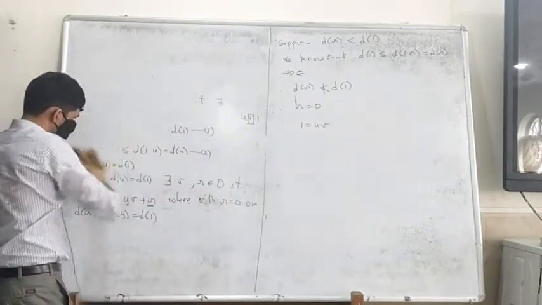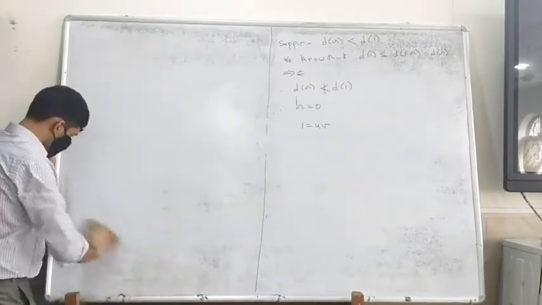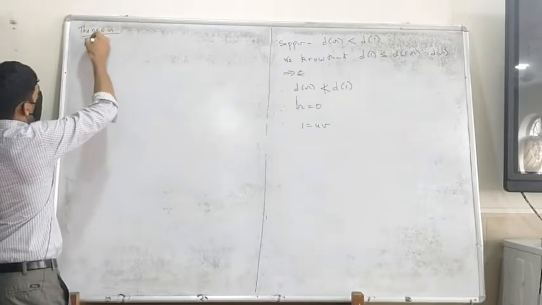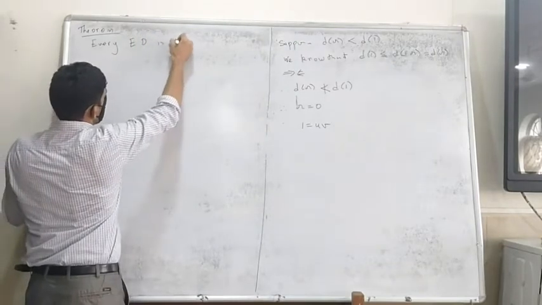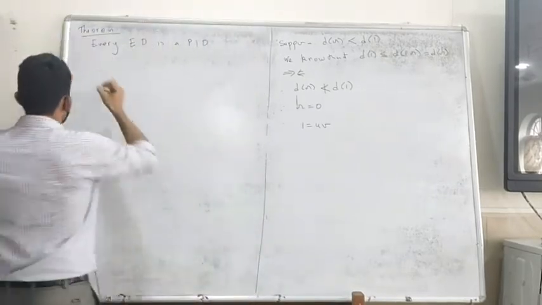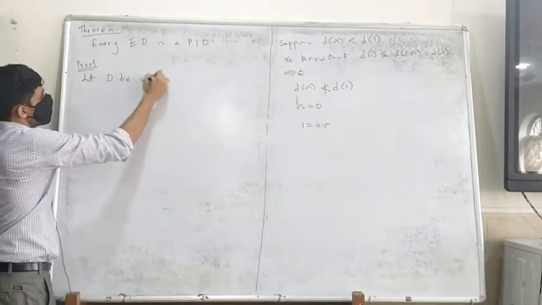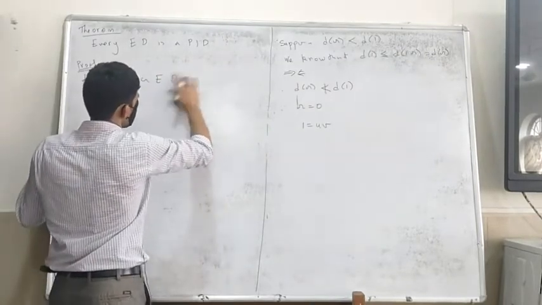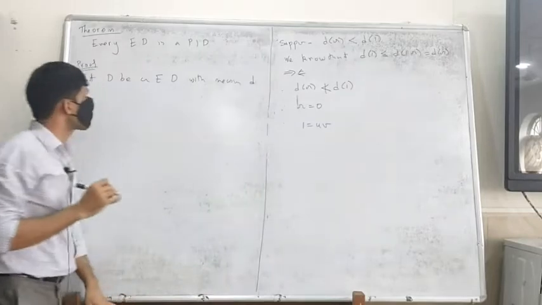So every Euclidean domain is a PID. So let D be a Euclidean domain with measure small d.